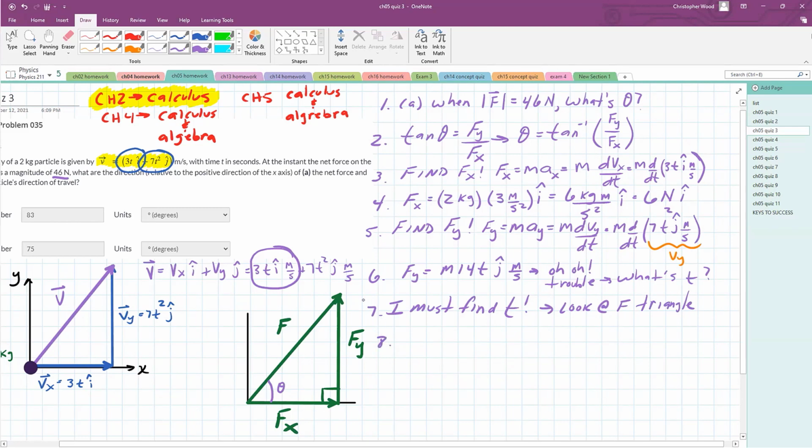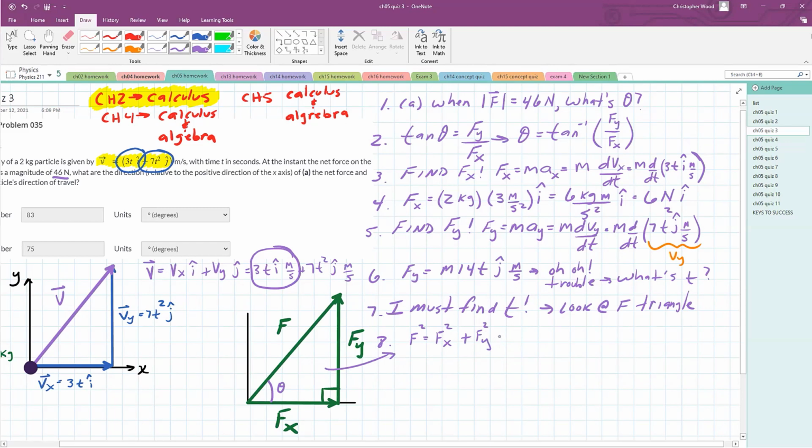So any port in a storm, right now I'm grasping at straws, but I am looking at this triangle. And from this triangle, I can use the Pythagorean theorem. So the Pythagorean theorem here says F squared equals Fx squared plus Fy squared. So there's F sub y. Let's see where this takes us.